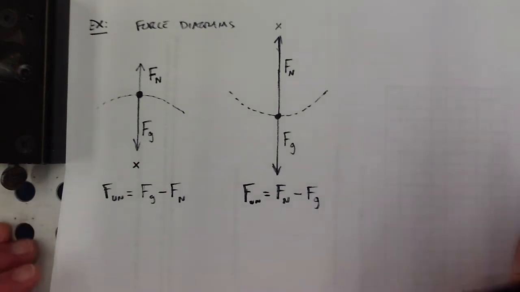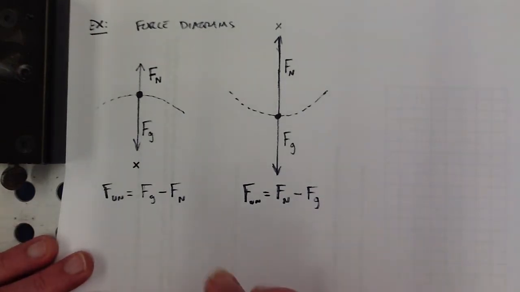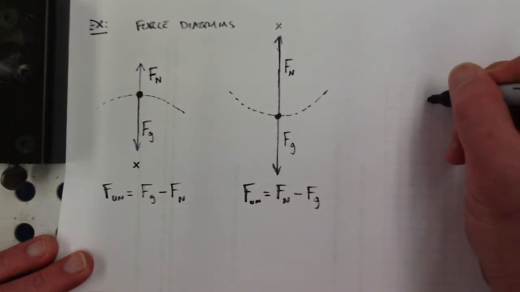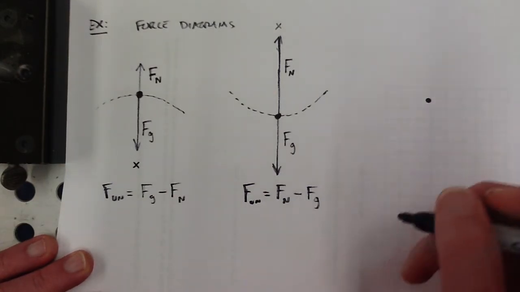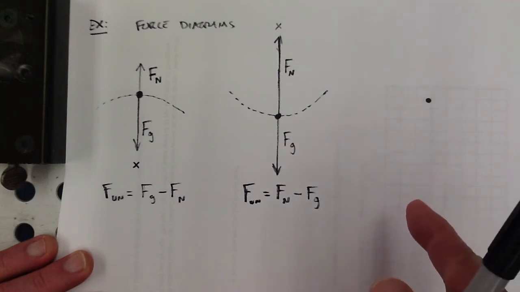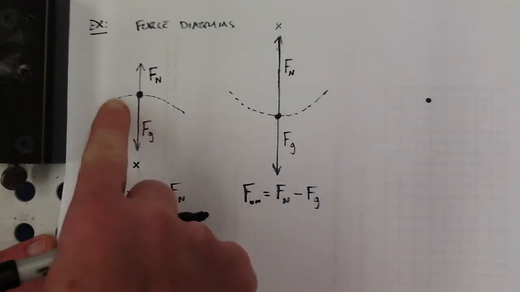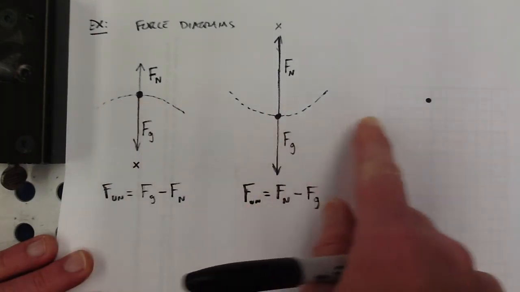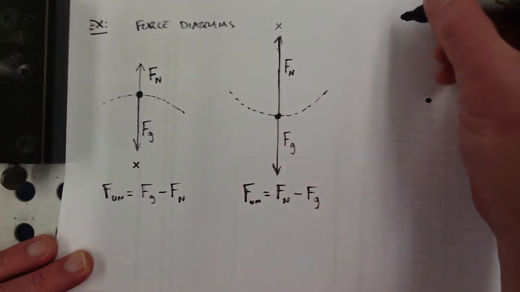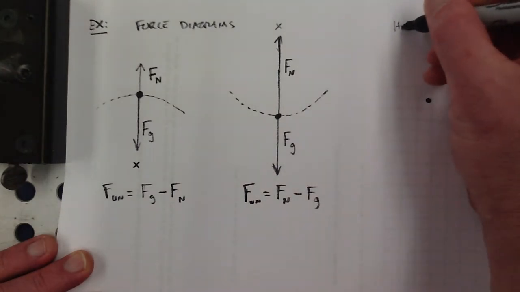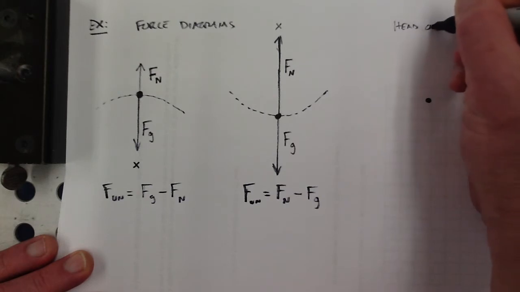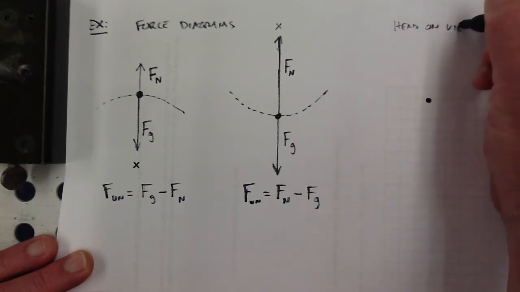I'll give you one more very common example. These are going to be the three most common ones that you see. We have a car driving around a corner. Now these are like side views. This is going to be like the head-on view.